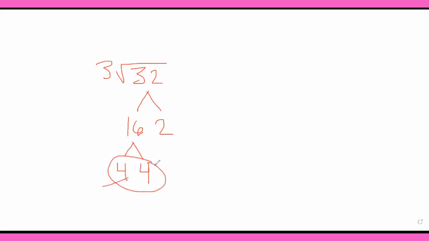That gets me 2 4's, and a 2 would stay on the inside. So if there's already a number out front, I'm just going to take whatever comes out and multiply it by that. So 1 4 comes out, and the 2 remains underneath. So that would be a 12 on the outside and a square root of 2 on the inside.